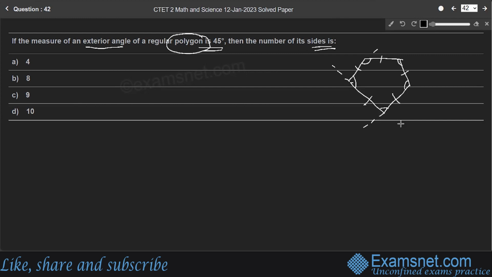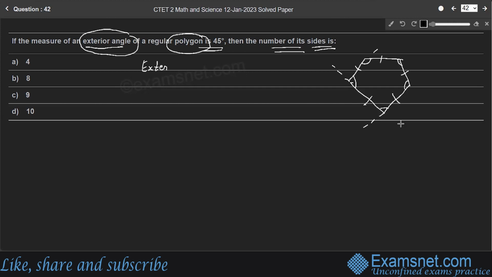So what is the relation between exterior angle and number of sides of a regular polygon? In a regular polygon, all the angles are equal, so we'll consider any exterior angle.